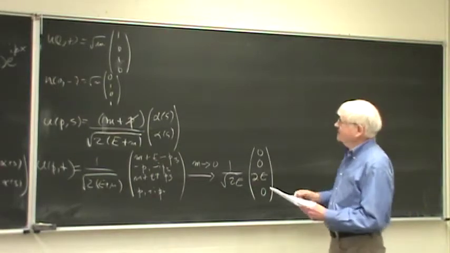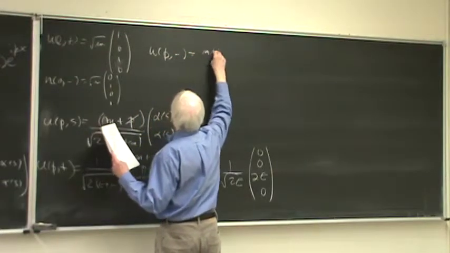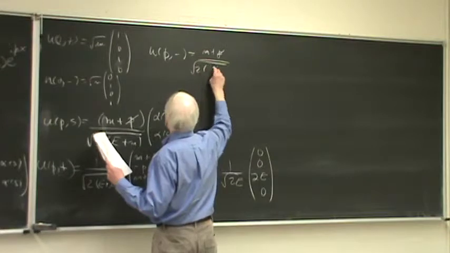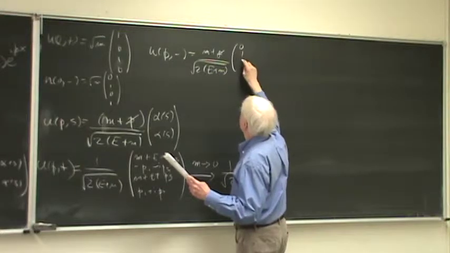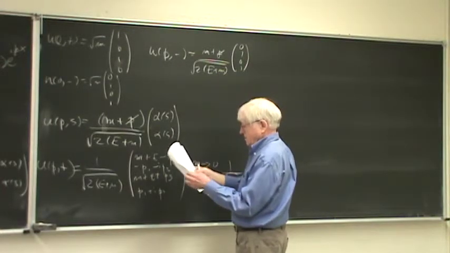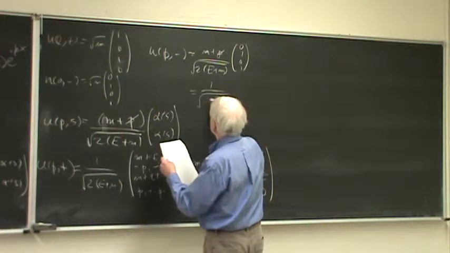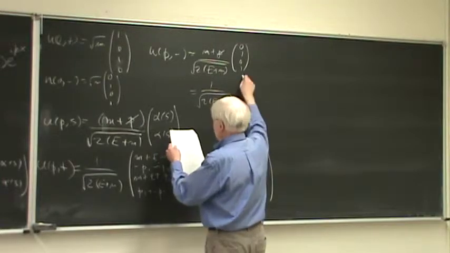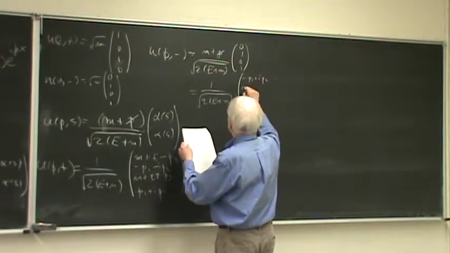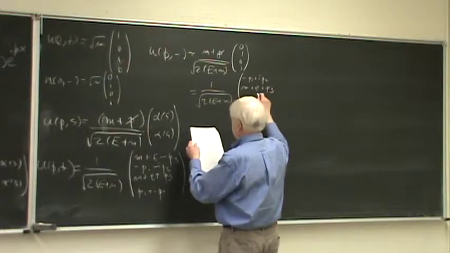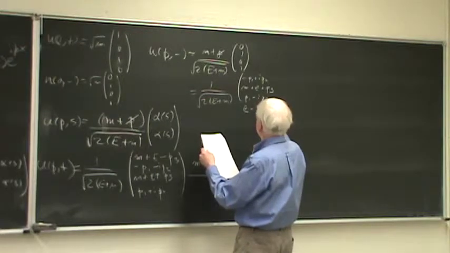And similarly, u of p and minus is, of course, (m plus p slash) over square root of 2 e plus m, acting on (0, 1, 0, 1), and what you get is 1 over the square root of 2 e plus m times (minus p1 plus i p2, m plus e plus p3, p1 minus i p2, e minus p3 plus m).